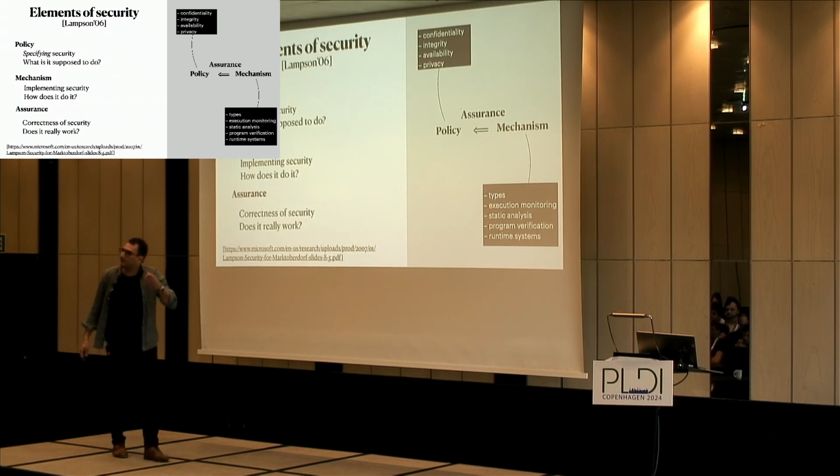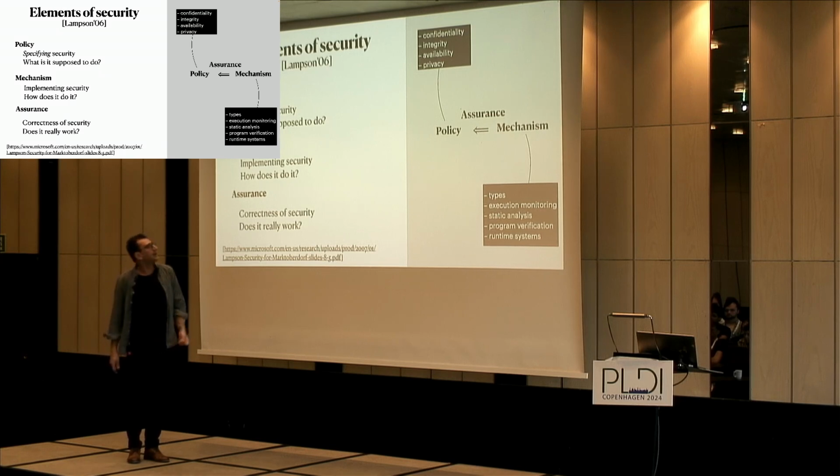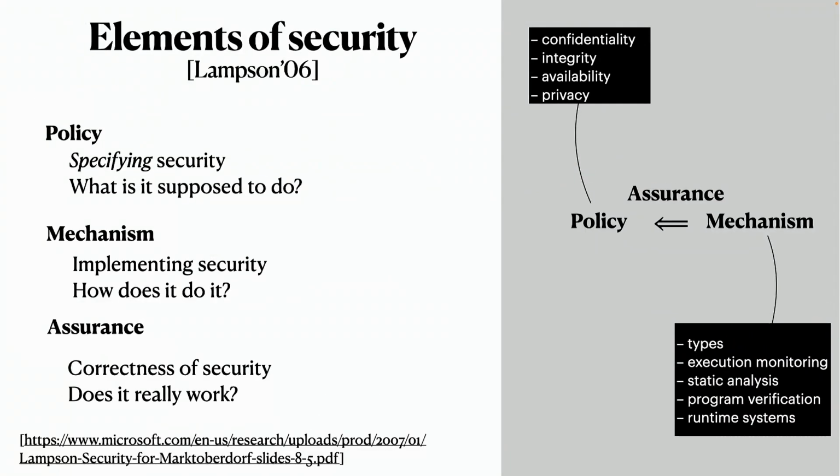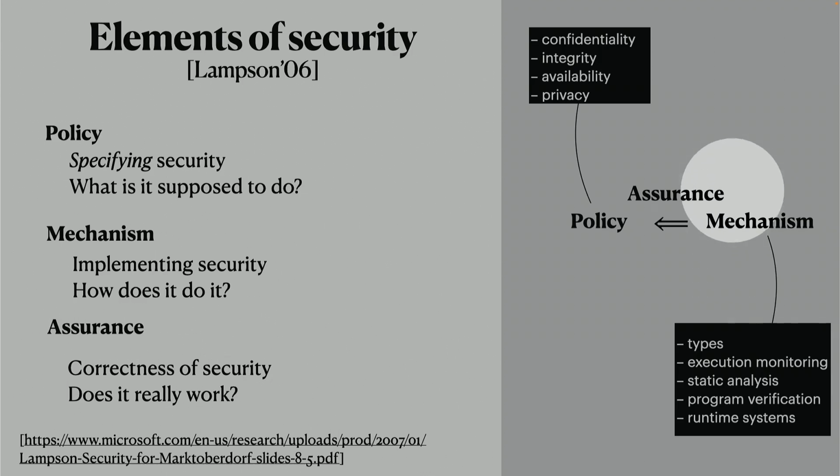That is very much a high-level question. The things I expect to see here are confidentiality, preserve the secret; integrity, preserve the integrity of the system; availability, and so on. These are high-level conceptual notions. The less technical they are, the better, because it's about what it is we want. All the technical complications are in the mechanisms and the assurance.